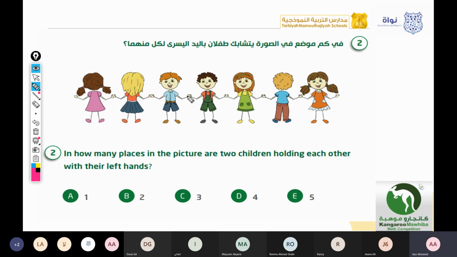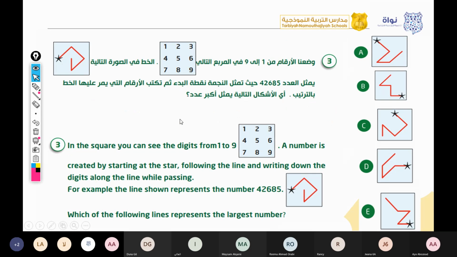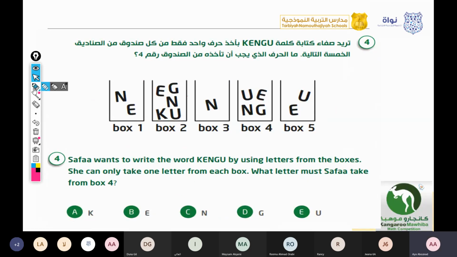Okay, let's go to the next. Okay, here. Safa wants to write the word kangaroo. By using the letters from the box, she can only take one letter from each box. What letter must Safa take from box 4?